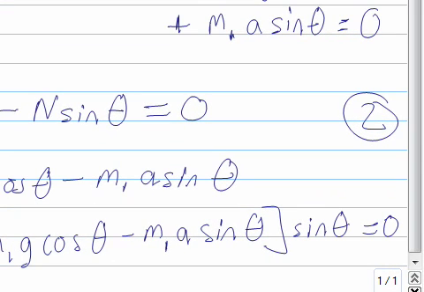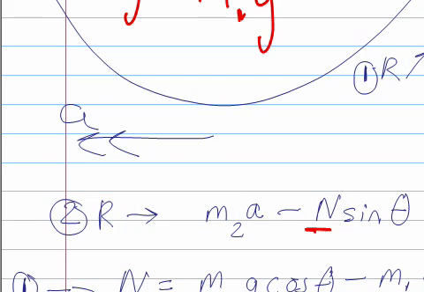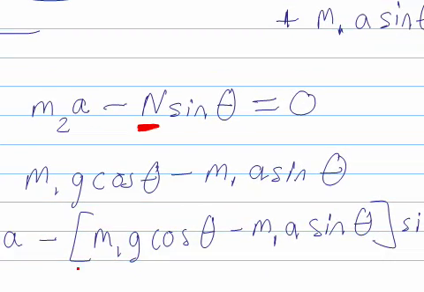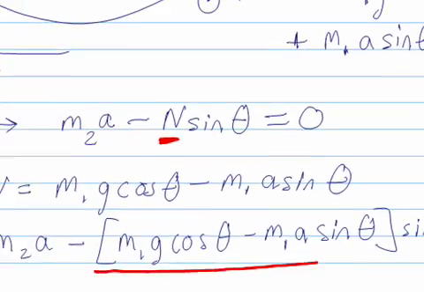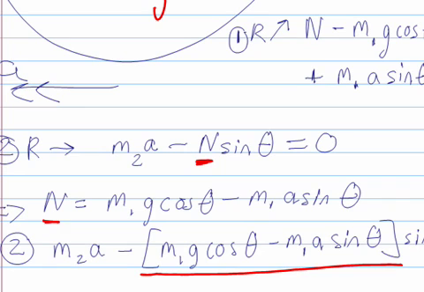So you can see that what I've done is, here is my n, here is my n, and there is my n, and I've used this n to go into here. That's all I've done.